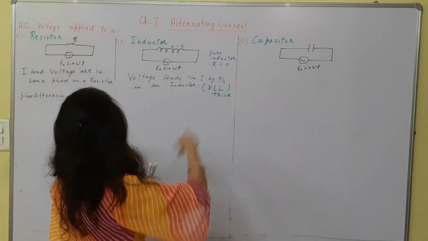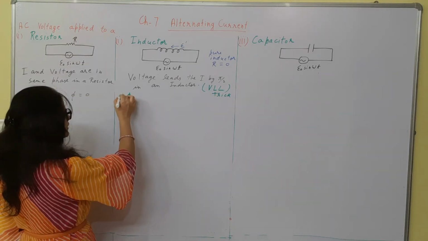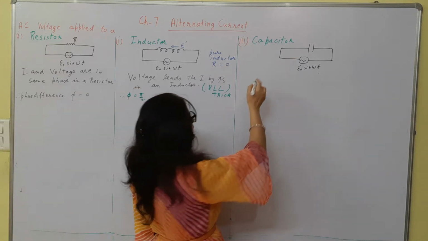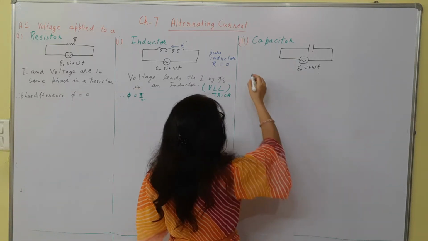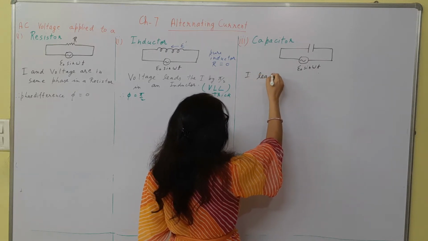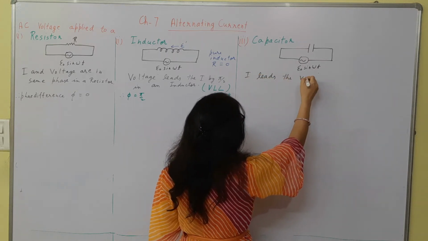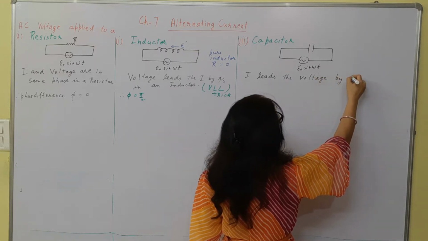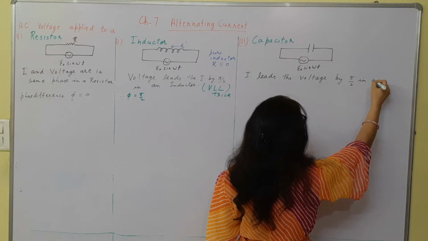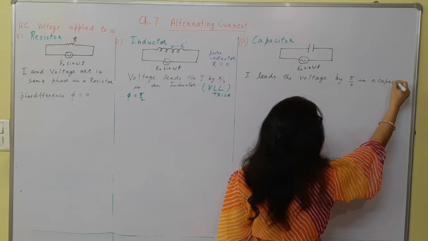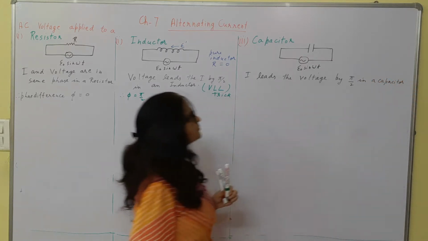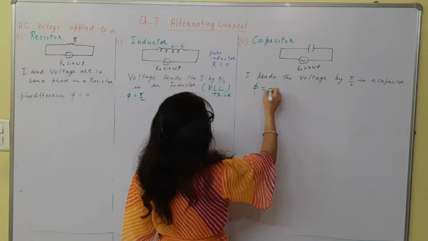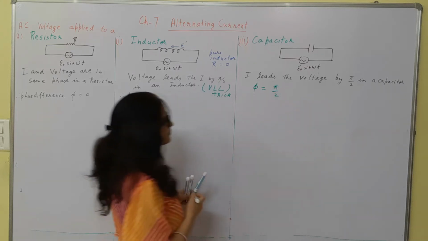Now in this case, the phase difference is pi by 2, right? And in this case, the current leads the voltage, so here this phase difference is pi by 2.